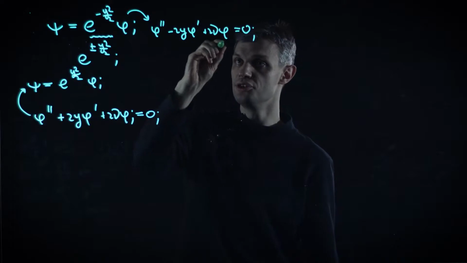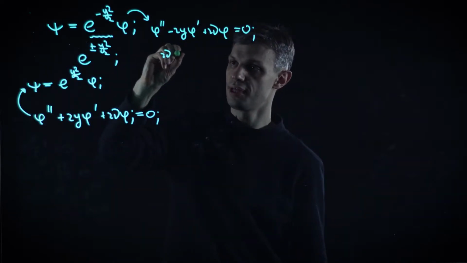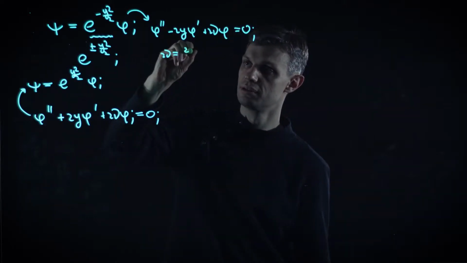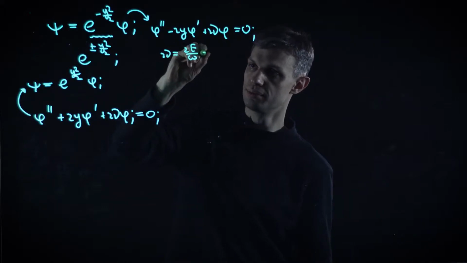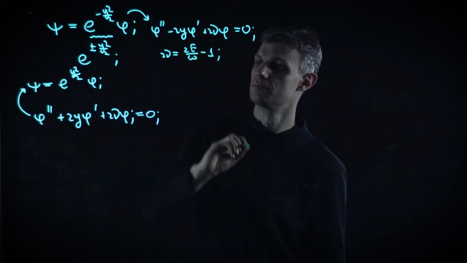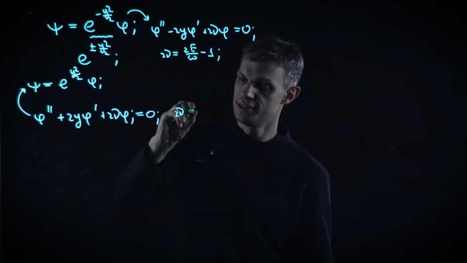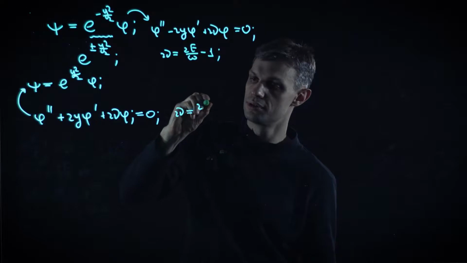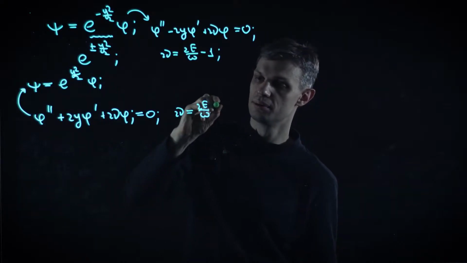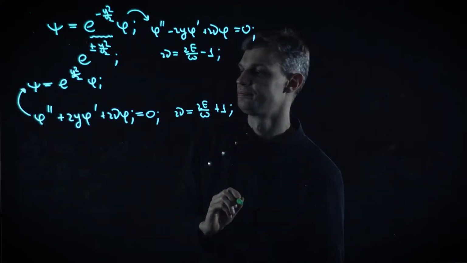And the new parameter was related to the energy by the following relation. Here, however, their connection is slightly different. So 2 nu is now equal to 2E over omega plus 1.